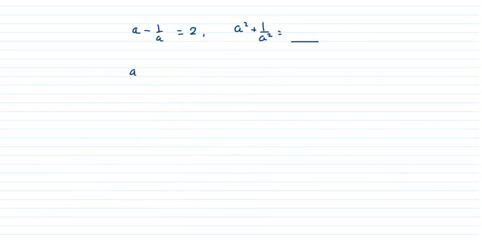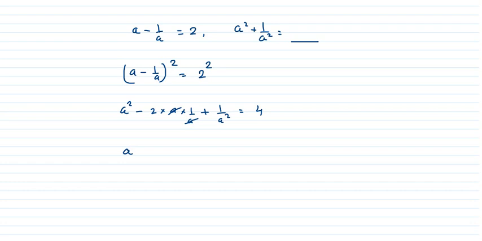Square it. a minus 1 upon a whole square is equal to 2 square. So what happened here? Same: a square minus 2 into first term into second term plus second term square is equal to 4. If you see here, the a cuts.